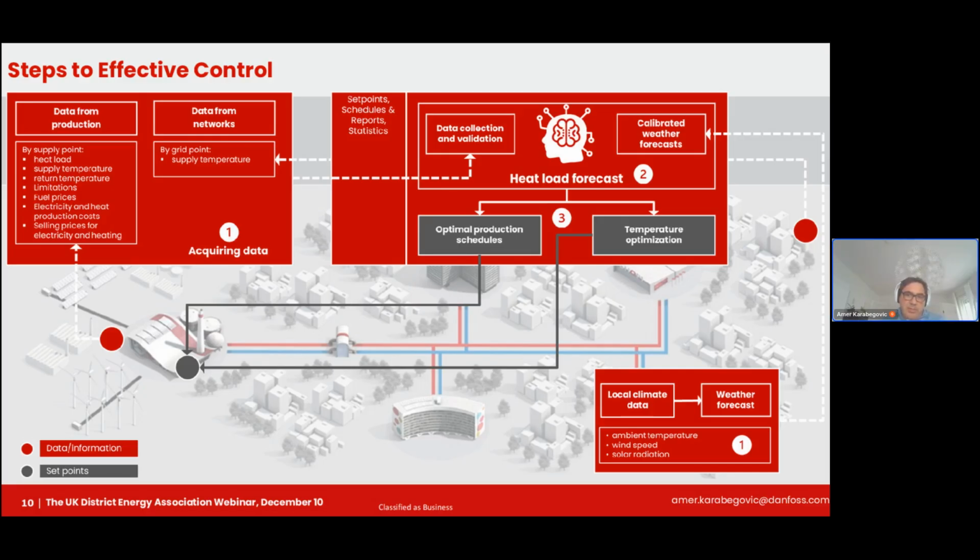Then we also have local climate data and weather forecast, and everything goes into advanced machine learning and artificial intelligence tools, which can provide a heat load forecast, so the required heat for a couple of days ahead. Based on that, we are doing optimal production schedules and temperature optimizations, everything in order to have efficient performance of the entire heat network.